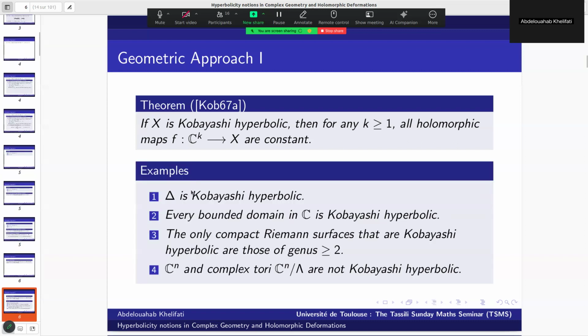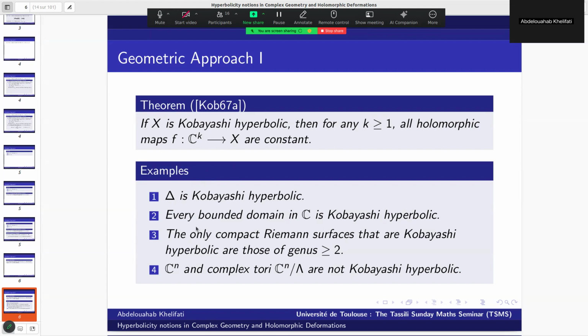So the first example: since the Kobayashi pseudo distance on the unit disk is the Poincaré distance, it is a metric, so the unit disk is Kobayashi hyperbolic. Thanks to the property I mentioned, every bounded domain in C is Kobayashi hyperbolic.